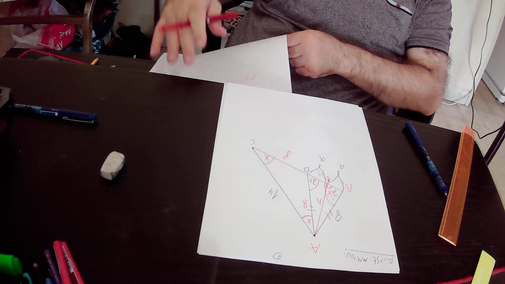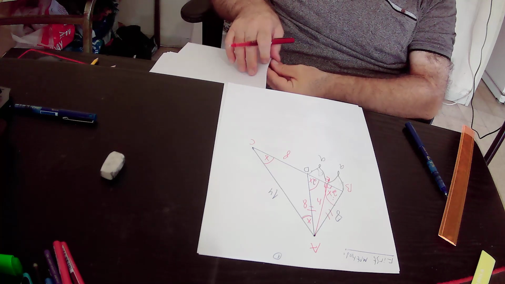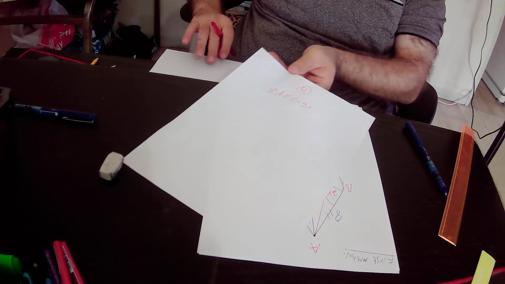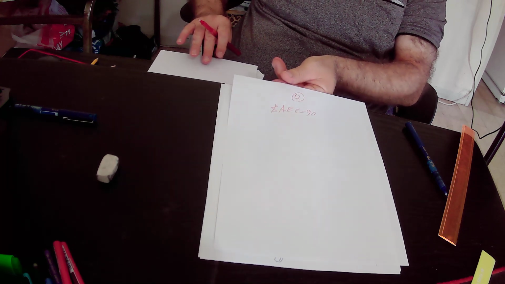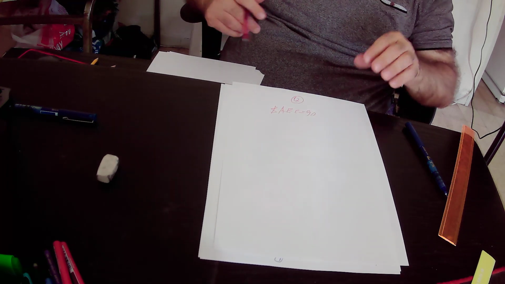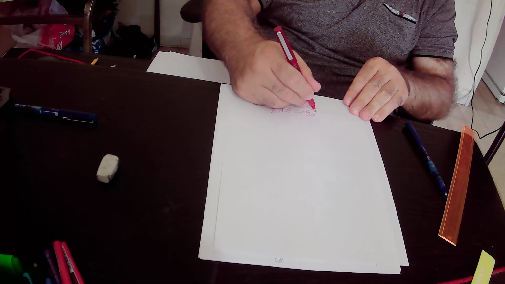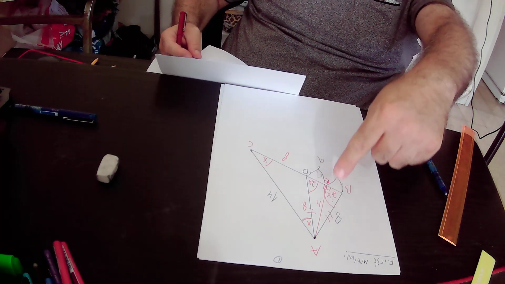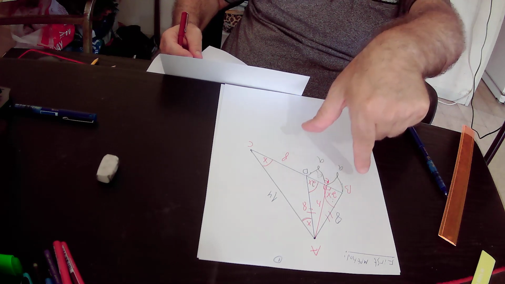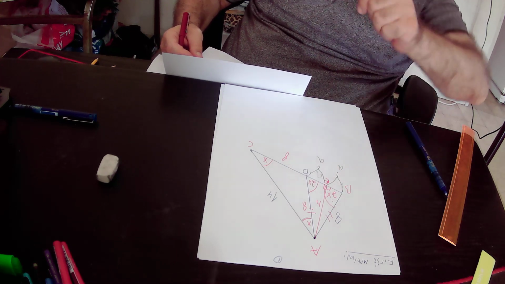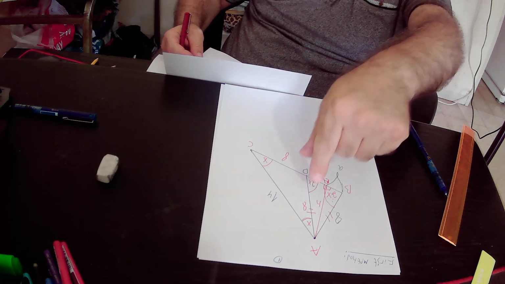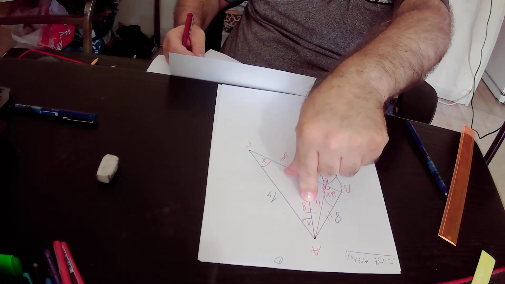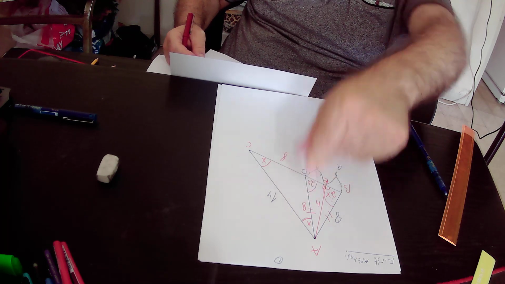AE is the perpendicular to BD and to BC, so this is a right angle. Therefore, triangle AEC is a right triangle because it has an angle that equals 90 degrees.